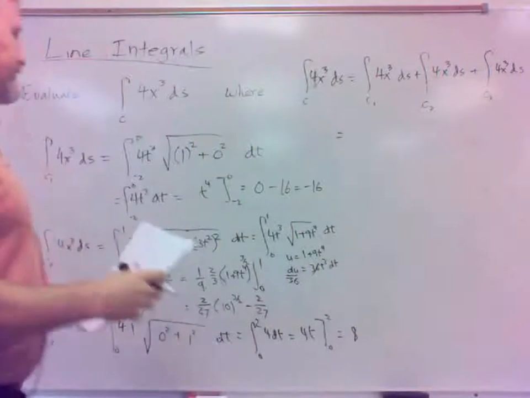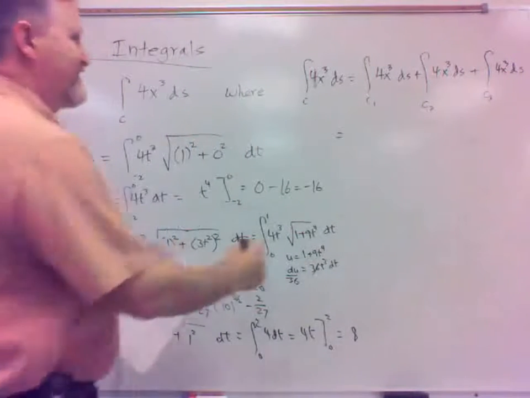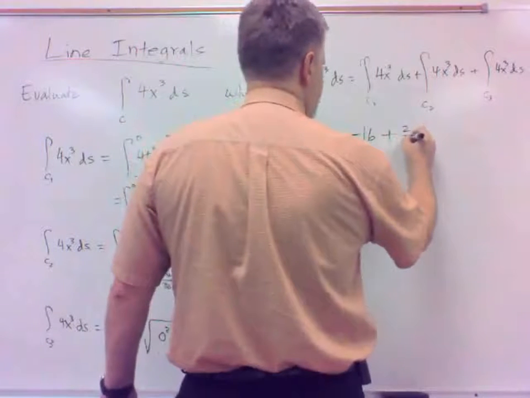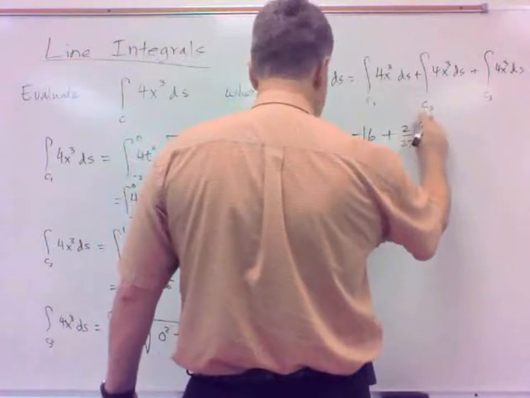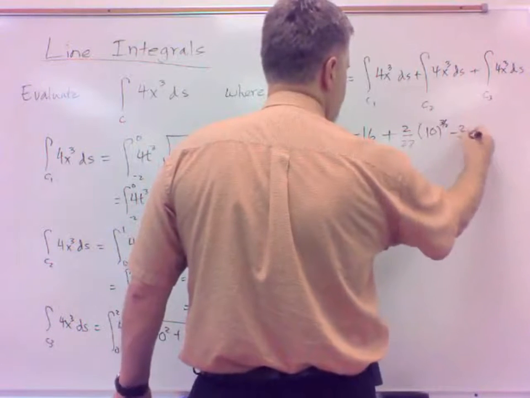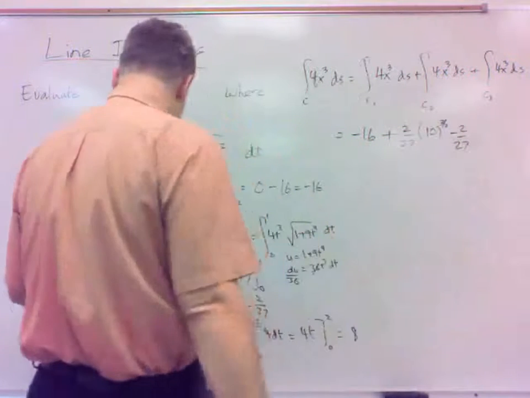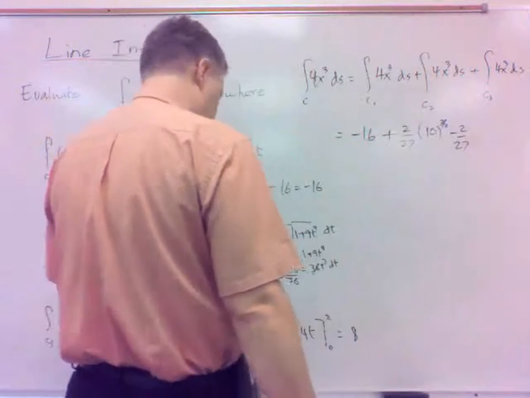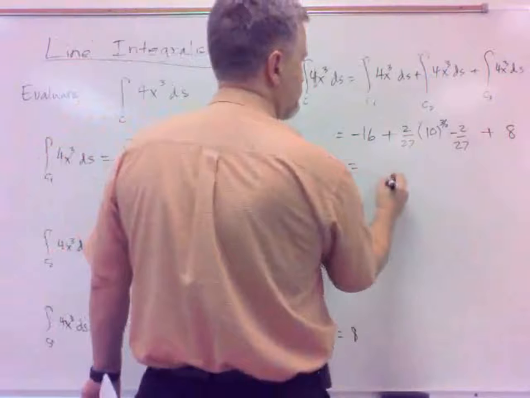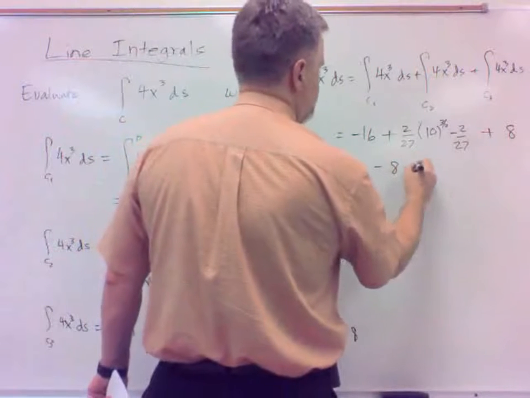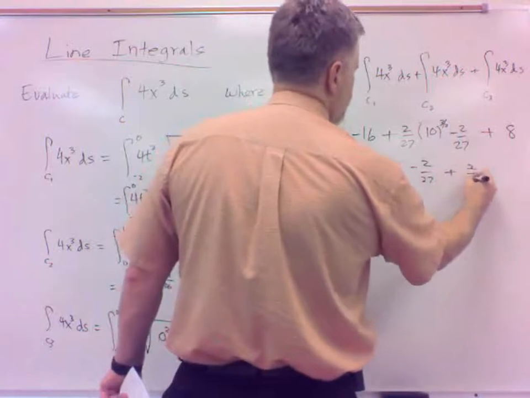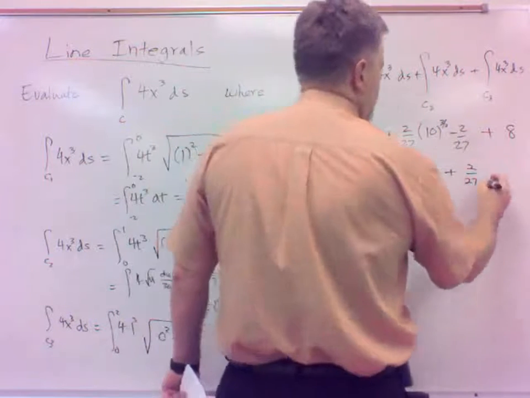So we got negative 16 plus 2/27 times 10 to the 3/2 minus 2/27, that's the C2 part, and 8. Negative 8 minus 2/27, plus 2/27 times 10 to the 3/2.